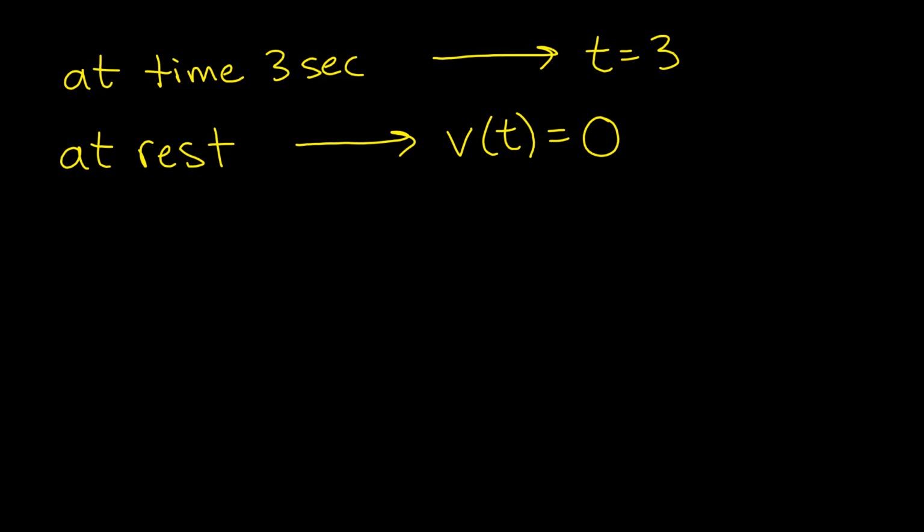And so my velocity is going to be 0. That's one that they use quite often. You can also see things like when the acceleration is 0, but these are the most often wordings that you need to be able to interpret.